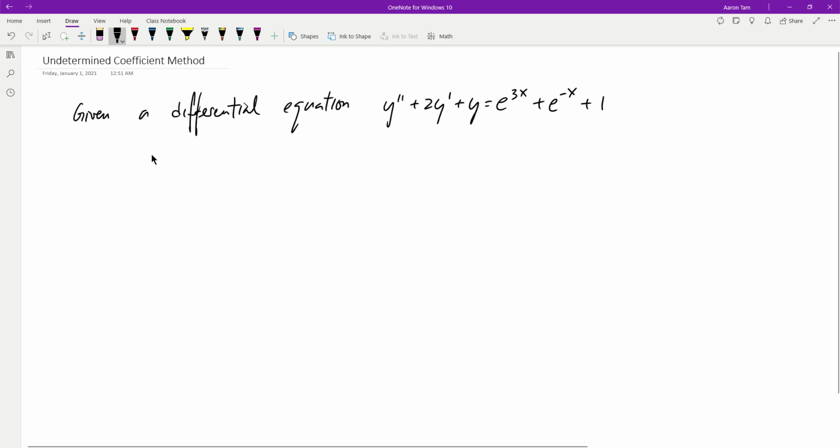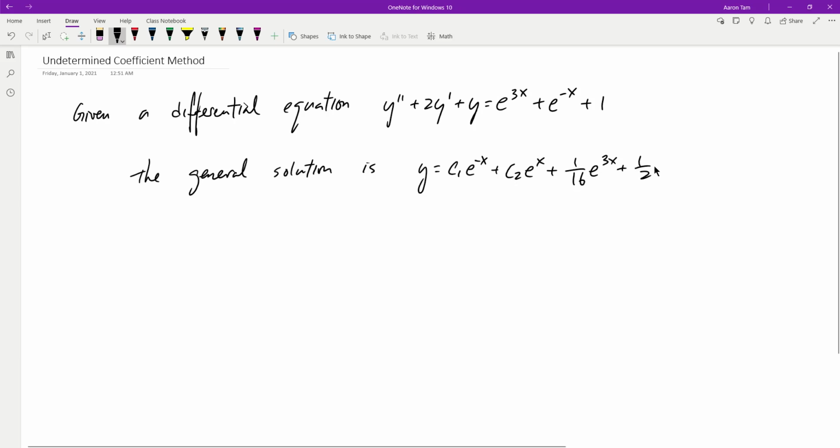We know the general solution to this equation is y equals c1 e to the negative x plus c2 x e to the negative x plus 1 over 16 e to the 3x plus 1 half x squared e to the negative x plus 1.